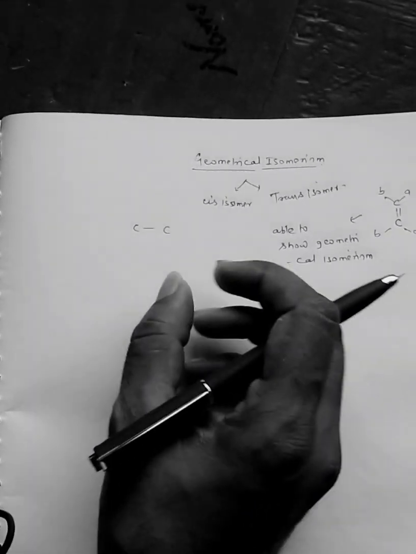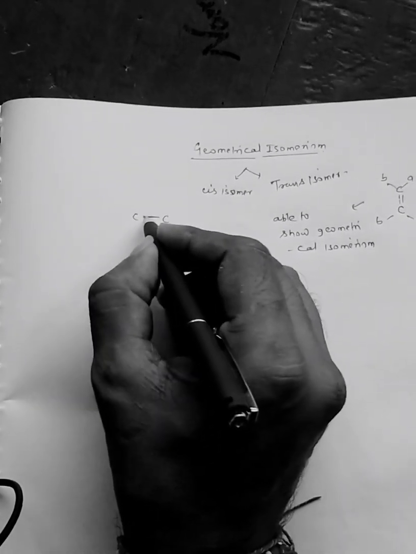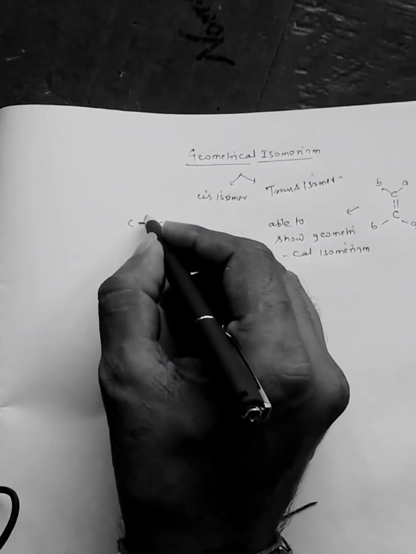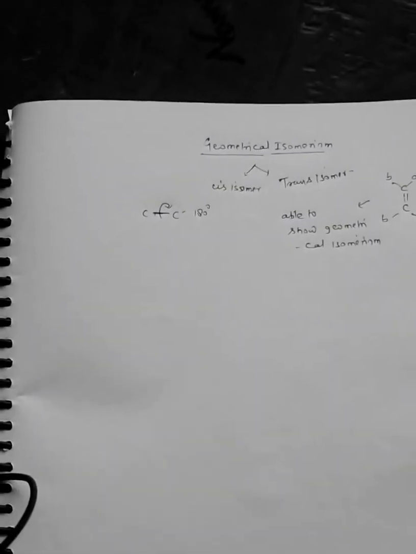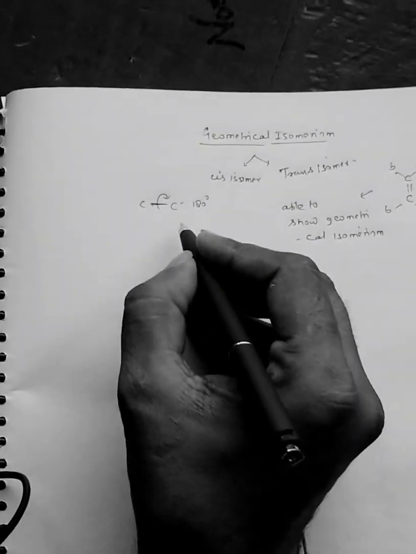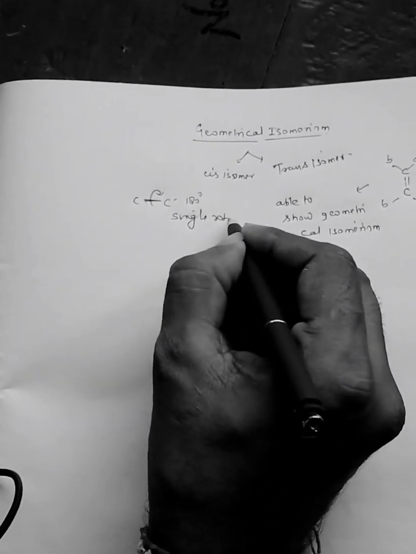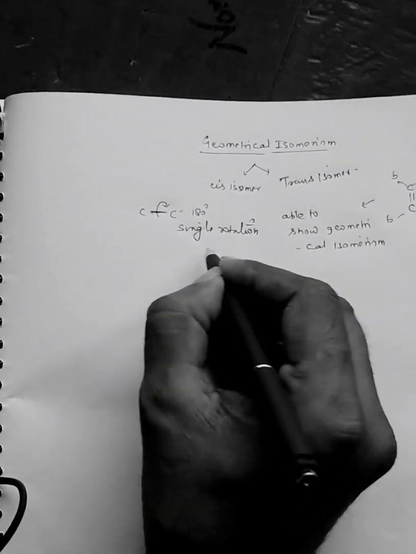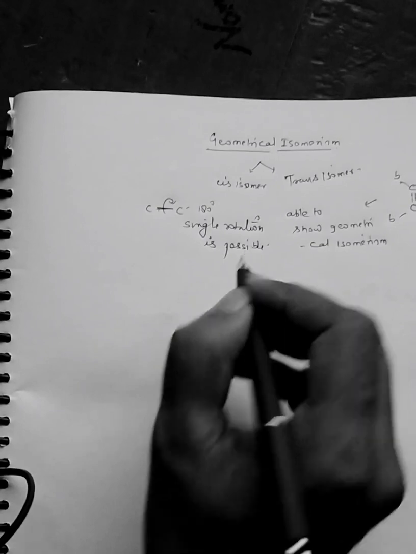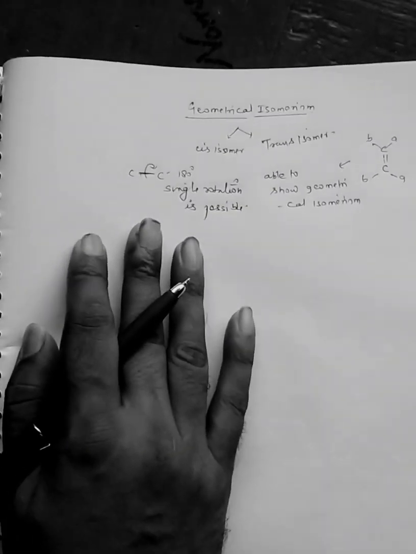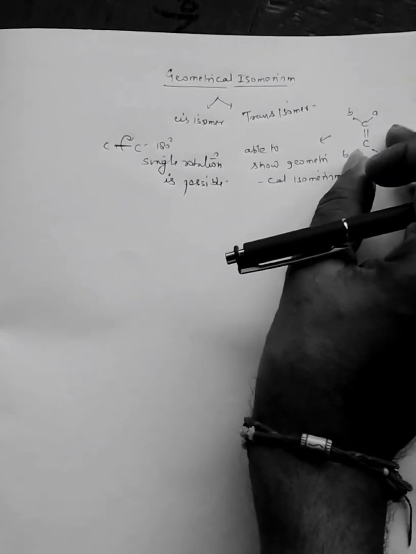If you see this carbon single bond, you can rotate it by 180 degrees, because single bond rotation is possible. The next question is why it is found in compounds containing a double bond.